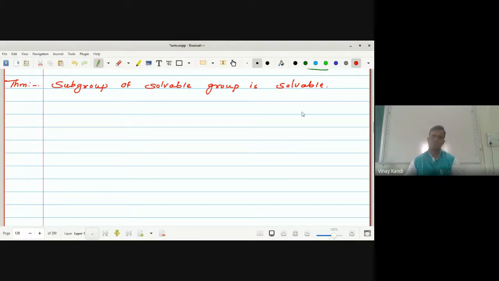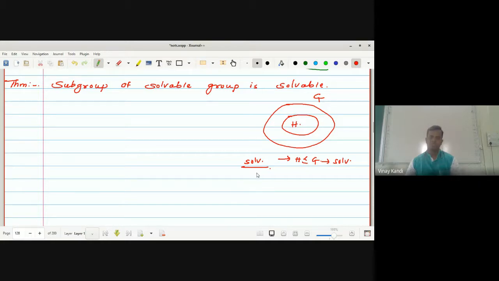What is the meaning of this statement? Suppose this is the group G and this one is H, and H is a subgroup of G, and G is solvable. Then we have to show that this H is also solvable. That means if the nth derived subgroup of G is equal to the singleton {e}, then the mth derived subgroup of H is also equal to the singleton.